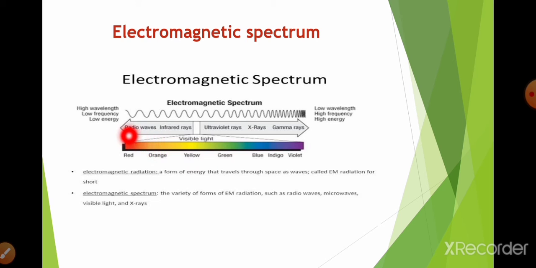The whole from this end to this end is known as the electromagnetic spectrum. This side is written as high wavelength, low frequency, low energy. That means the waves at these points have high wavelength, low frequency and low energy, whereas the waves at these points have high frequency, low wavelength and high energy.